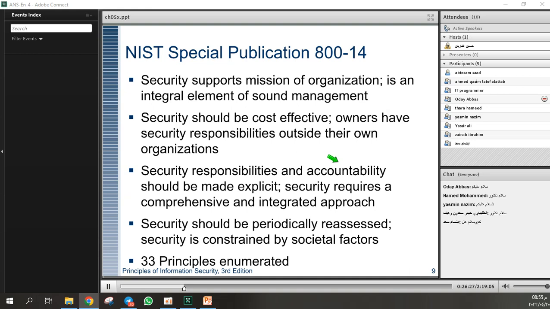But these responsibility and accountability issues require comprehensive and integrated approaches. Okay, you can use these documents. And we even need to periodically reassess those documents, those reports.